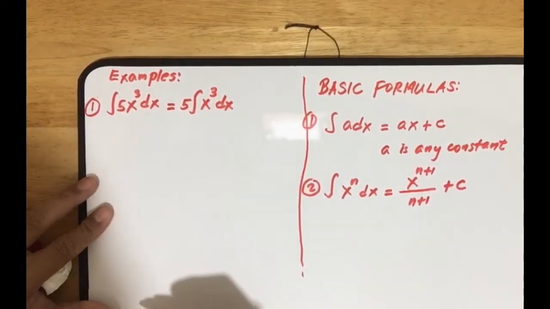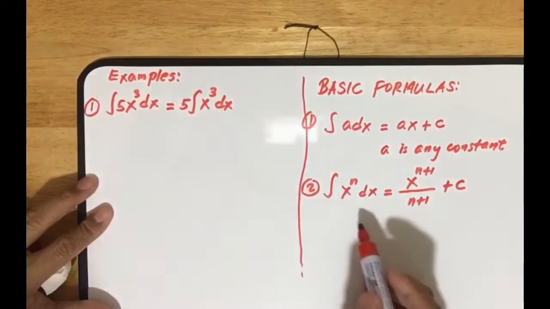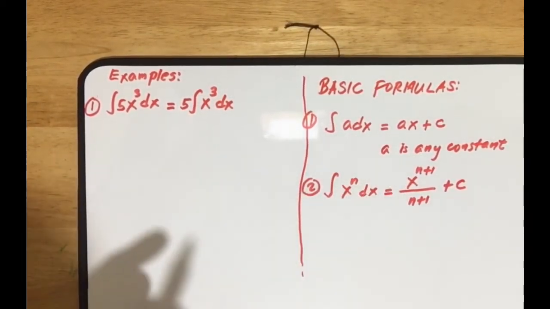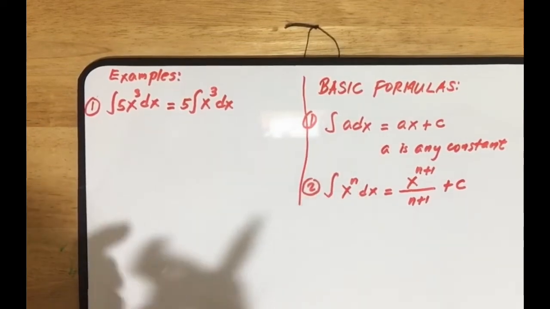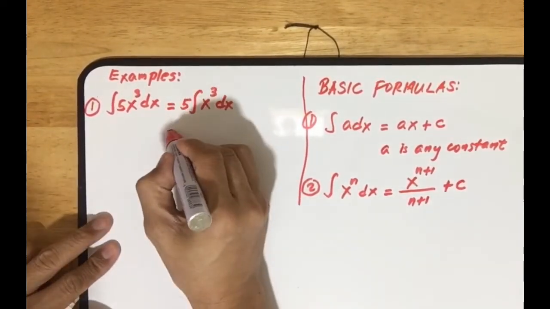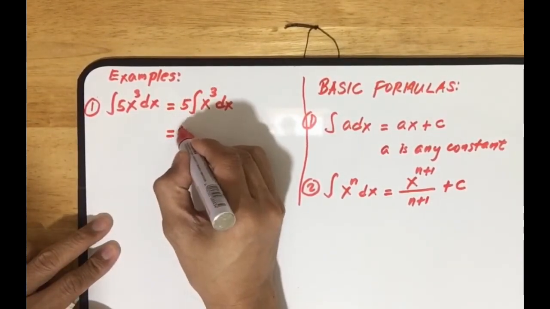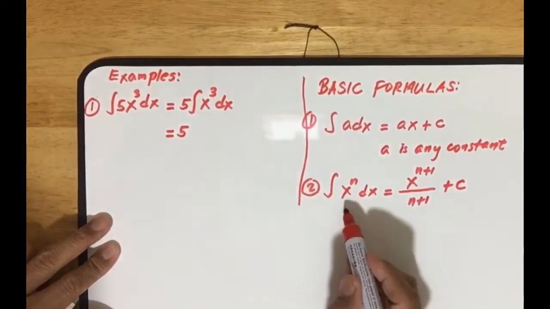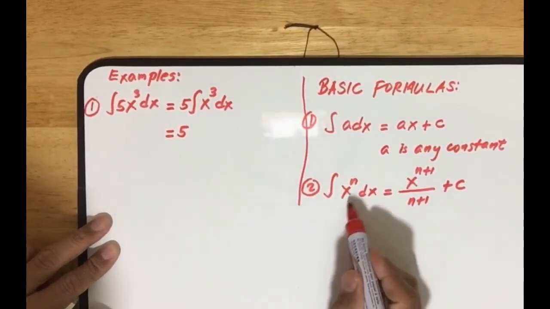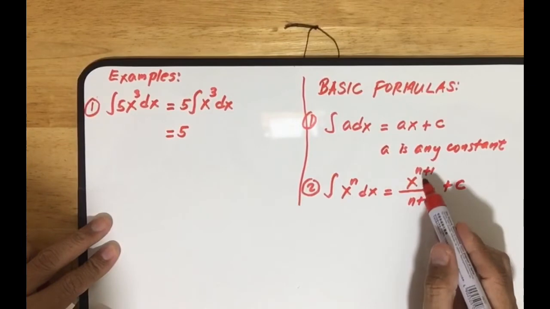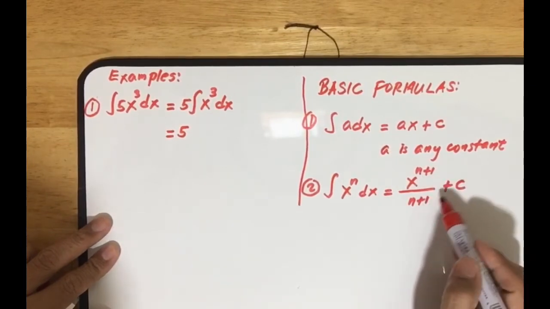Then just use the power formula. So you have the 5, you just copy that, then apply the formula: the integral of x to the n dx equals x to the n plus 1 divided by n plus 1, plus c.